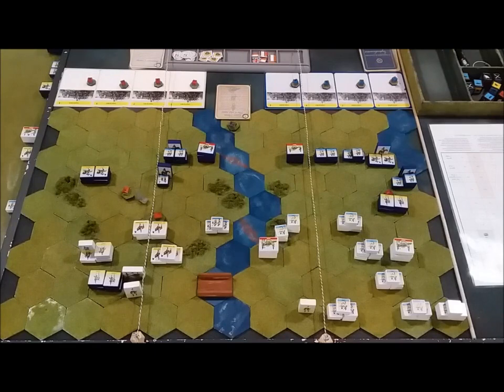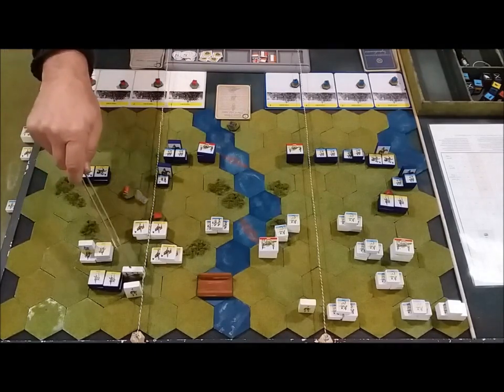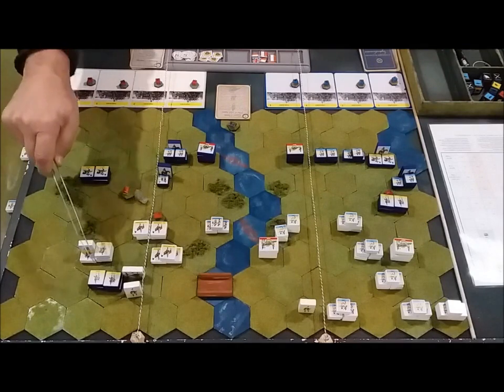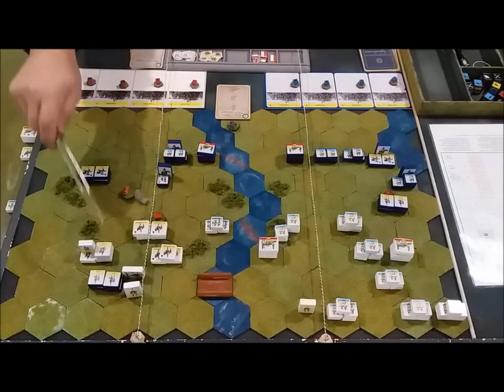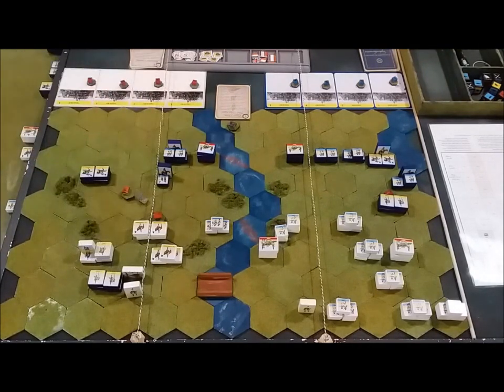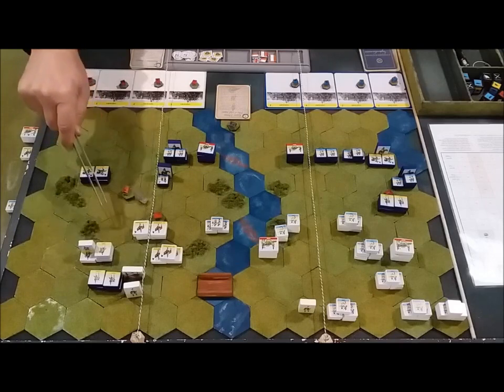Right, next we have the horse artillery against the light, or the light against the light, and I'm going to do the light cav against them first, so that these guys can't run away. Though if they're going to run away, they can only run away 2 to here, and I'd still get a go, wouldn't I?